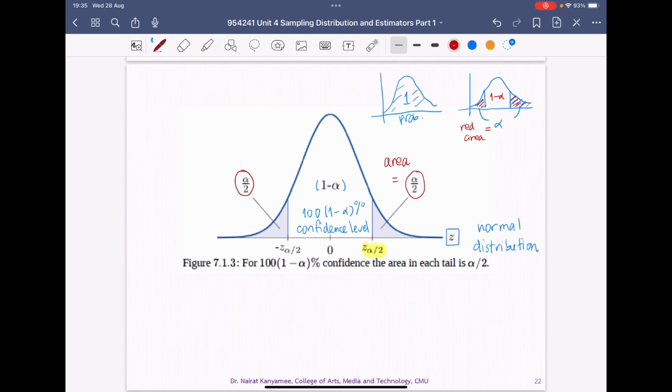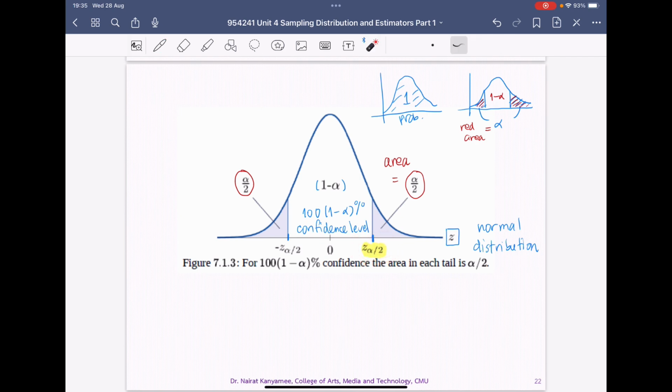And if you look at the z value on the x-axis, we call it z alpha over 2 right here.